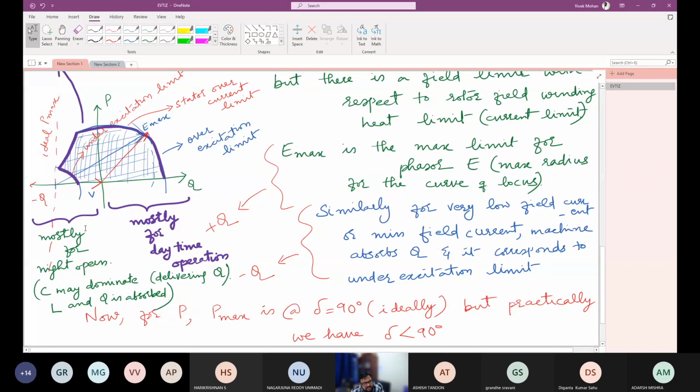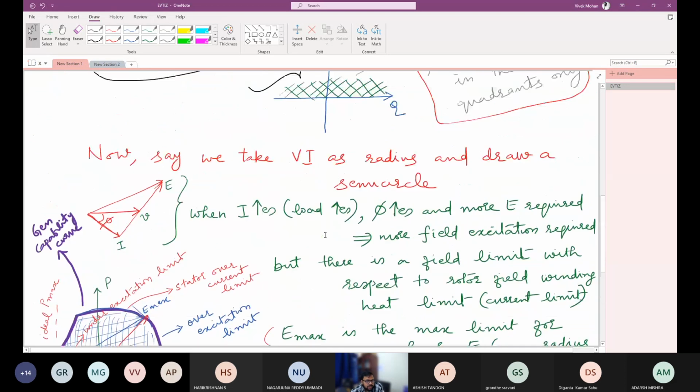So in that case, the machine should deliver reactive power at the daytime, and it will absorb reactive power in the night time. This again depends on the induction machine loads and other things, but as per the standard load curves, this suggests daytime operation and nighttime operation with respect to positive Q and negative Q.